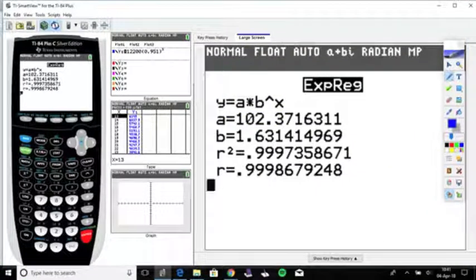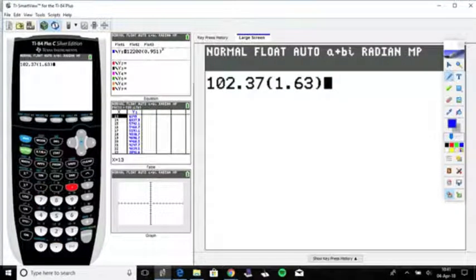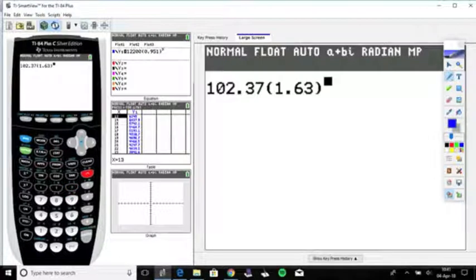All right, not y equals, but just quit out of this. All right, and use that function that we just got. 102.37 and then 1.63. And now, that's 2 weeks, right? We're not going to plug in 2, though. That's the thing most people do. We're going to plug in 14, because notice our x values are in days. So we need 2 weeks in days, and 14 days is, of course, 2 weeks.